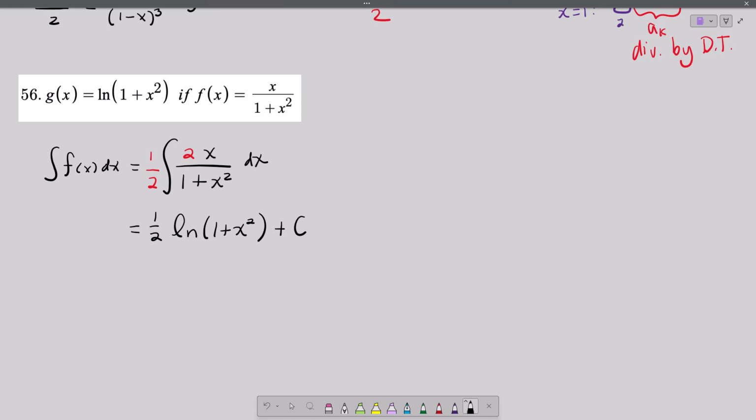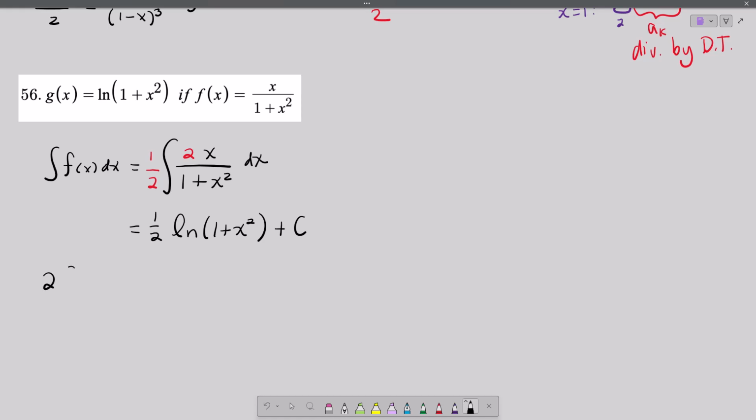Now, the question that we have to ask ourselves is, how do we get to this? So we want to get to that. And the idea will be that if we multiply both sides by 2, we're going to get over here. That 2 is going to come to the left-hand side.